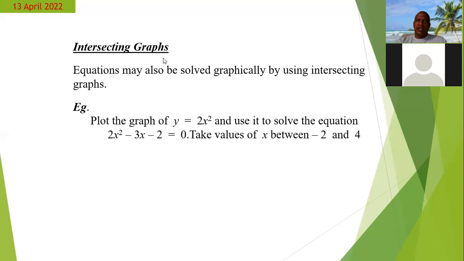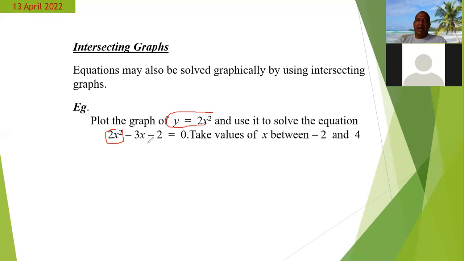Now how do we break it? This is our equation here, which is 2x squared minus 3x minus 2. To break this into 2 parts, we generally take off the part with the square as 1 part. So we make y equal to 2x squared. So that we would have as one equation.